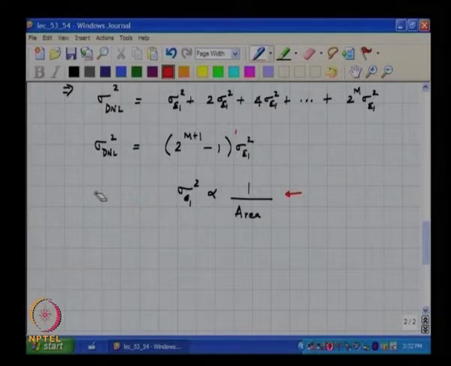So, sigma E1 square is proportional to 1 by area.